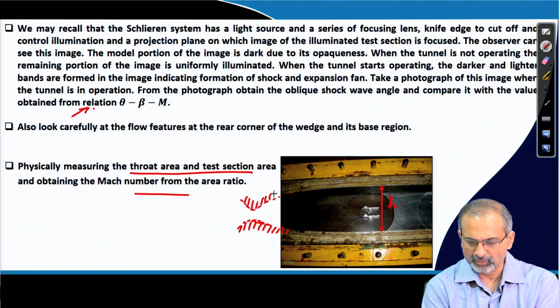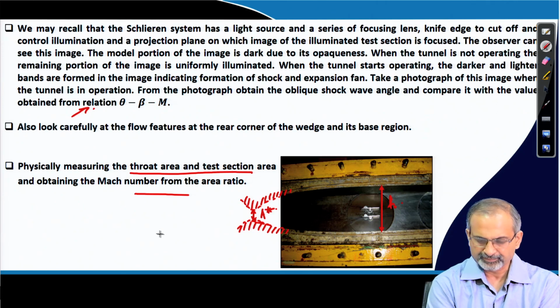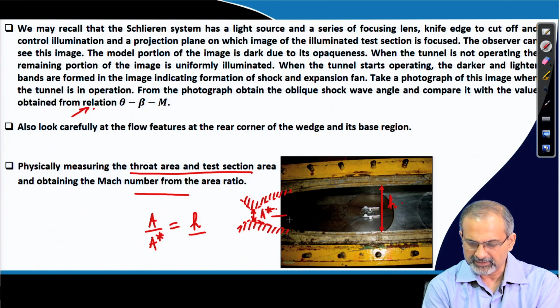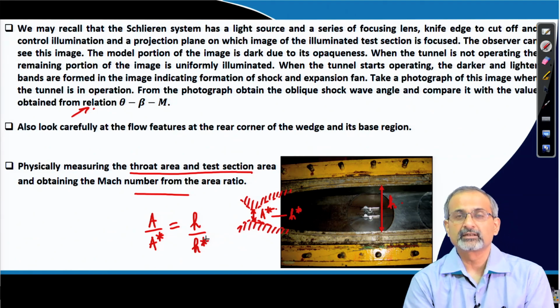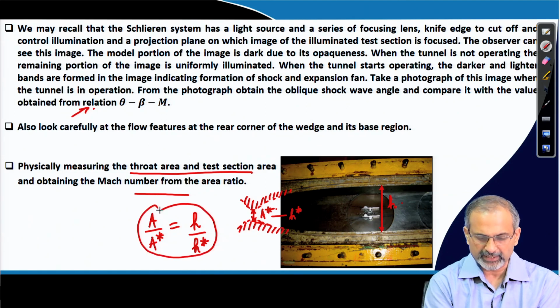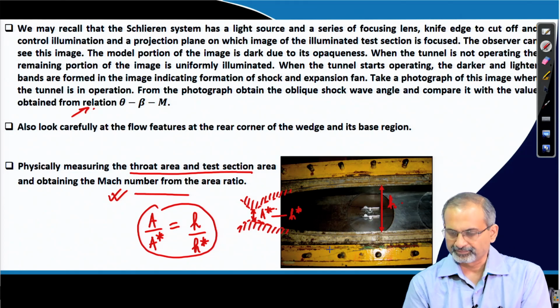The upper and lower liner forms the throat. So, you can also physically measure the A star. So, A by A star will basically be H by H star, if you measure this as H star, because the cross sectional dimension anyway will be constant. So, based on this ratio again, you can predict what the Mach number in the test section is.